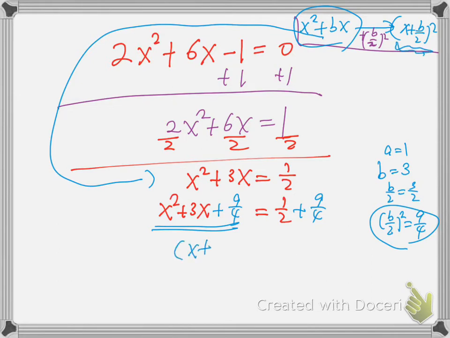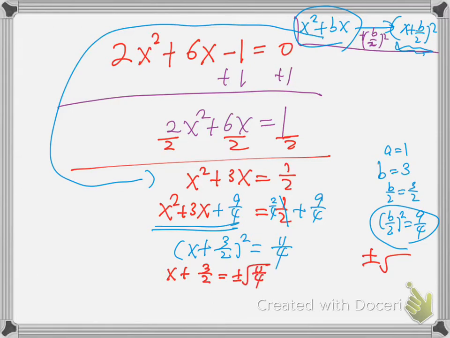So it's x plus 3 over 2 squared, and for this side we need the common denominator, so this is 2 over 4, so we got 11 over 4. Taking square root, positive, negative, we got x plus 3 over 2 is positive, negative, square root of 11 over 4.